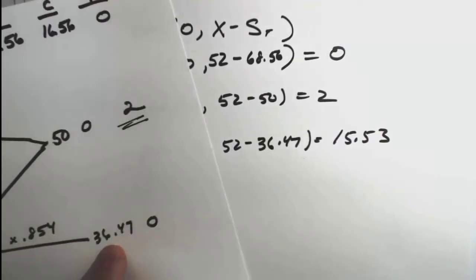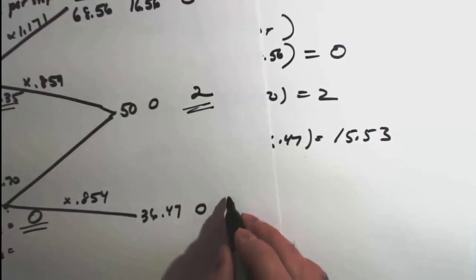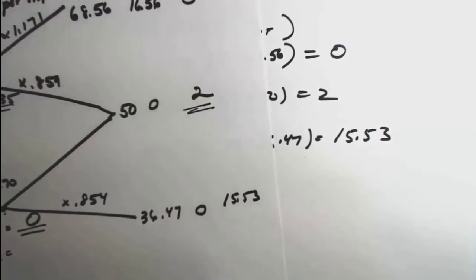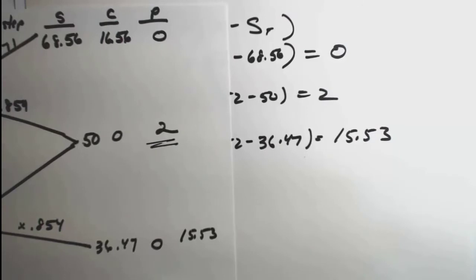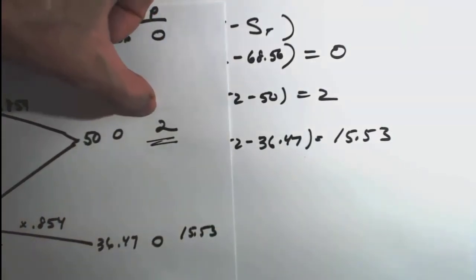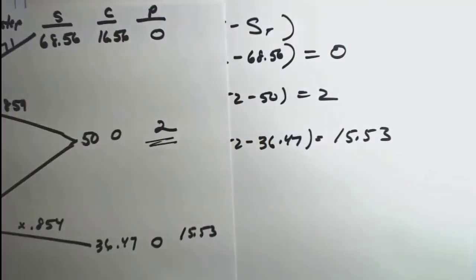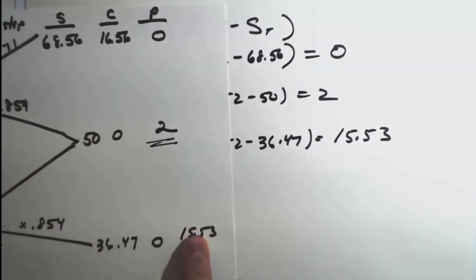The 36.47 came from the stock price here on a down move. So this is going to be 15.53. So we just figured out there's a chance the option finishes out of the money, there's a chance that the option finishes at 2, and there's a chance that the option finishes at 15.53. There are no other possibilities in this binomial. These are the 3 chances that can happen.